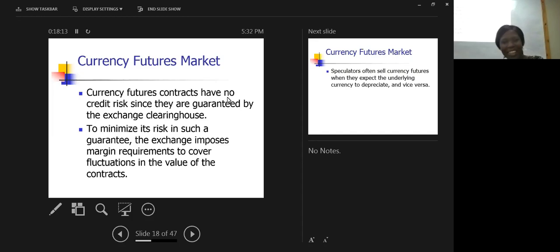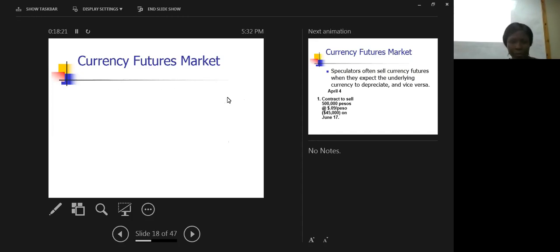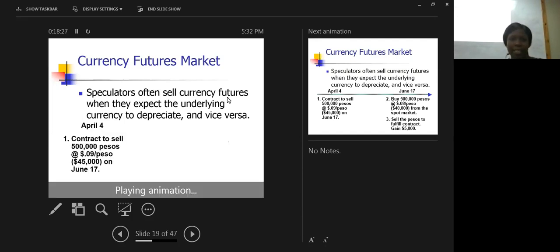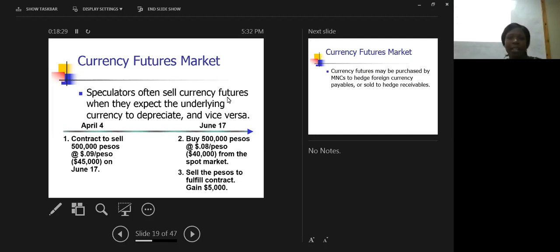Anyway, currency futures contracts have no credit risk. I said that already. Speculators often sell currency futures when they expect the underlying currency to depreciate, and vice versa.